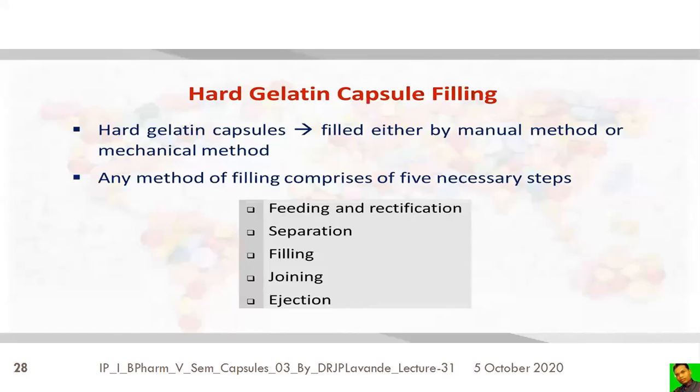Then there is rectification, the process by which the capsules are properly oriented. Now this reorientation is the positioning of the capsules in such a way that the body remains on the lower side, whereas the cap remains on the upper side.